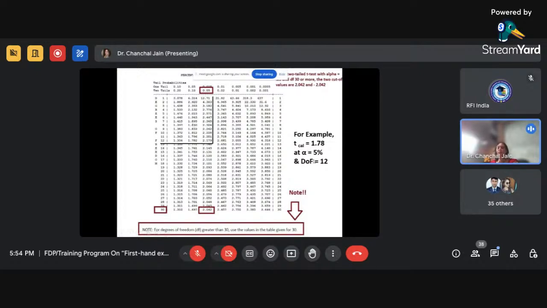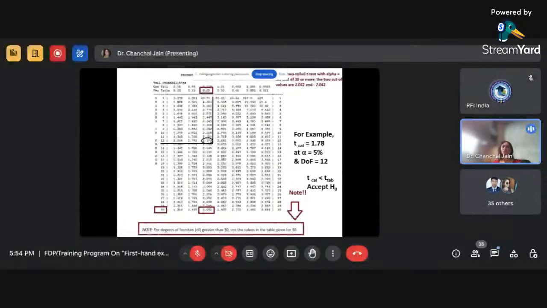So it is clearly mentioned. Suppose our degrees of freedom is 12. So 12 we can locate in this column, and the level of significance is 5%, which is this. So at the intersection of these two, 2.179 will be your t table value, which is known as the critical value of t, right?